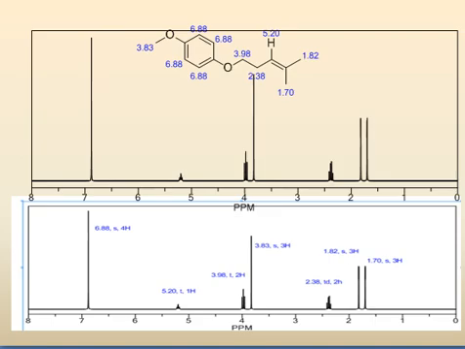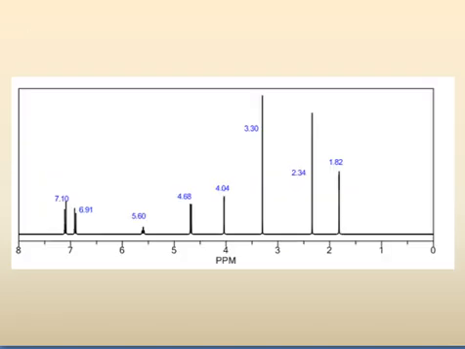See, 3.8 means benzyl O and phenoxy O, and then CH3 came at 3.83, but this one came at 3.30, which means this methoxy group is not attached to the benzyl group, and it looks like a toluene proton.